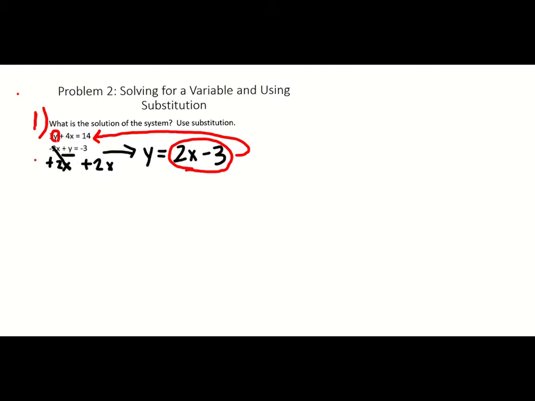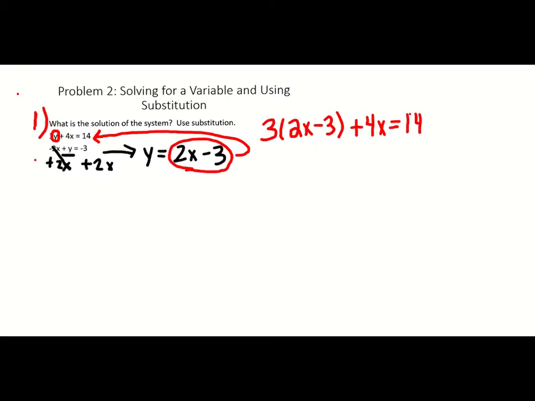So where I see y, I'm going to replace it. The 3 is still there, and the plus 4x equals 14 is still there. So I'm going to write a new equation: 3, but where it says y, I'm replacing it with the 2x minus 3 from the second equation, plus 4x equals 14.